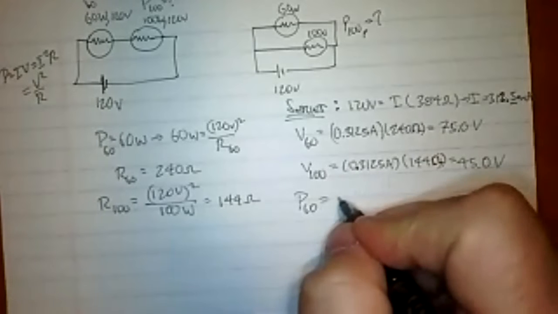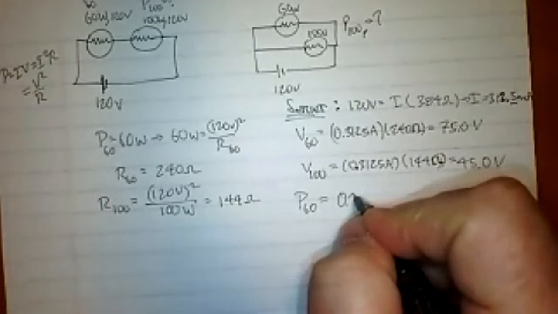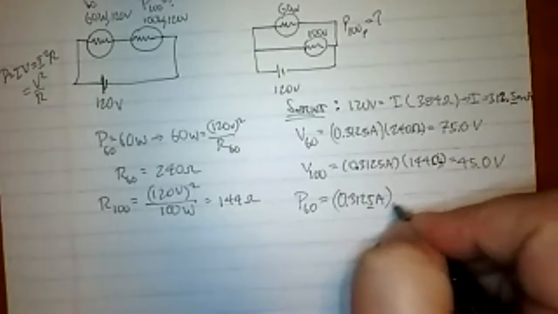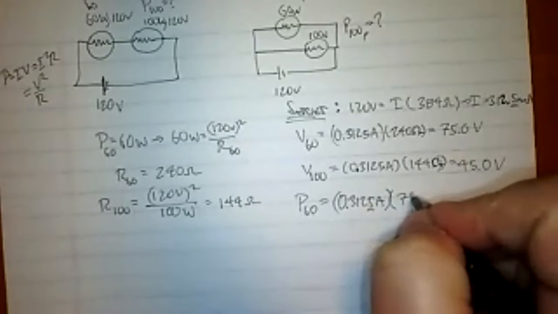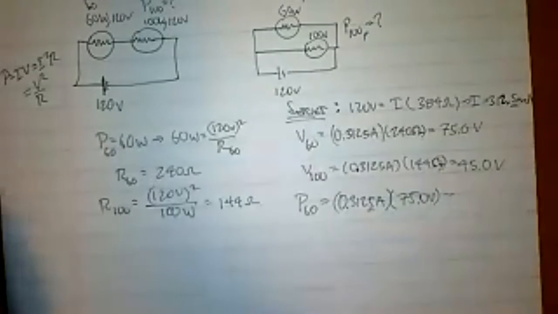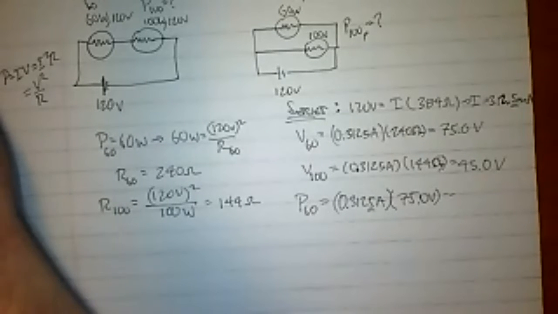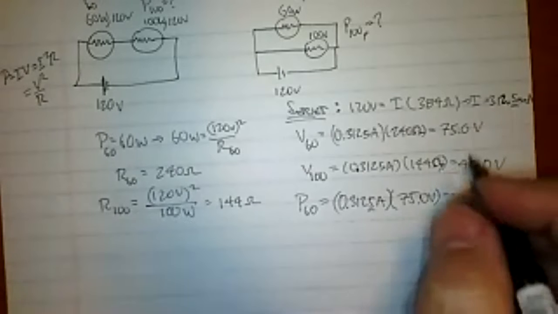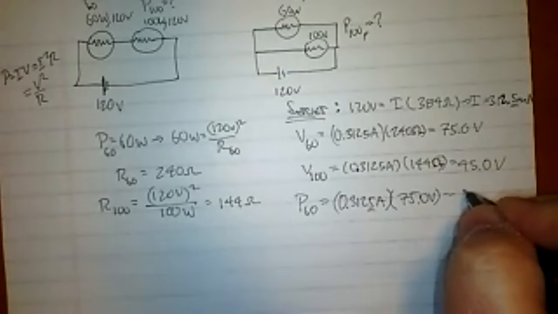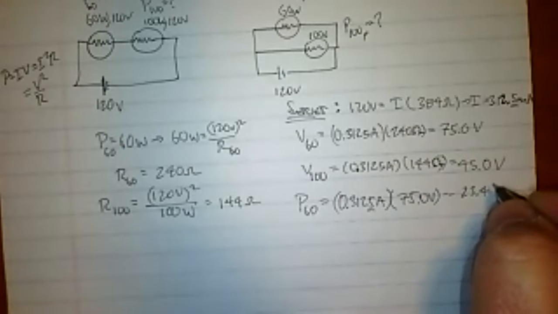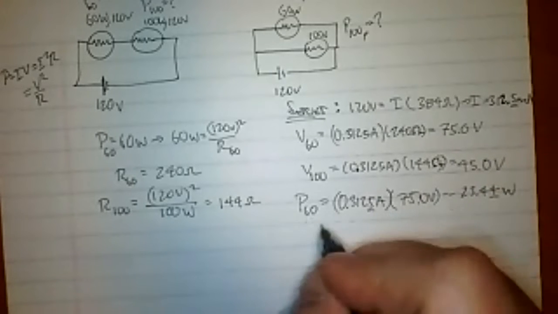Okay. So P60 is equal to 0.3125 amps. That's one extra sig fig times 75.0 volts. So 0.3125 times 75, and that gives me 23.44 watts.